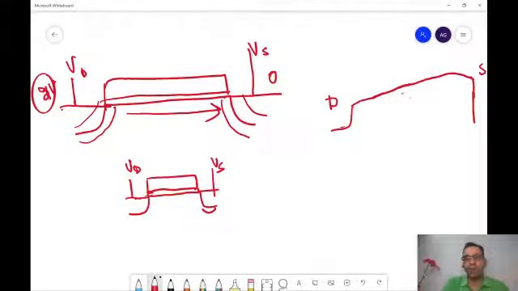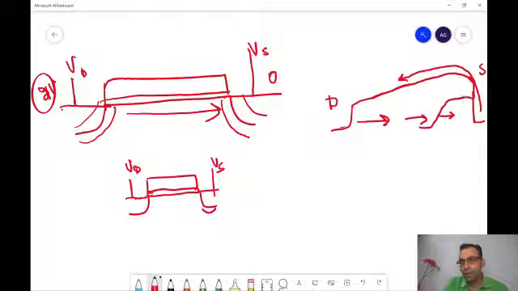In a long channel device, electrons have to jump from source into this region, so this barrier remains high. However, in a short channel device, as drain tends to come closer, the barrier reduces. When this barrier reduces, more electrons can now flow.